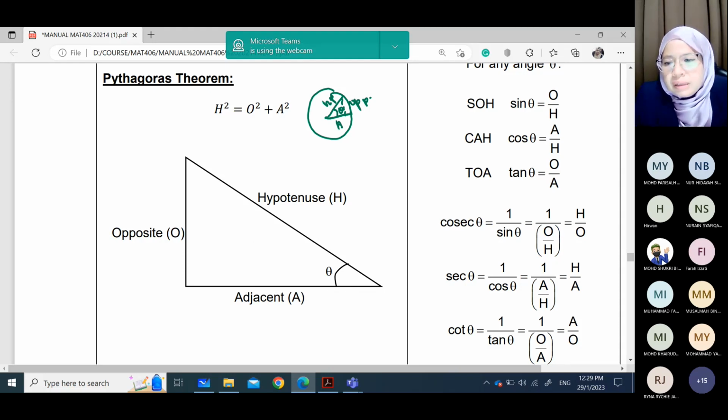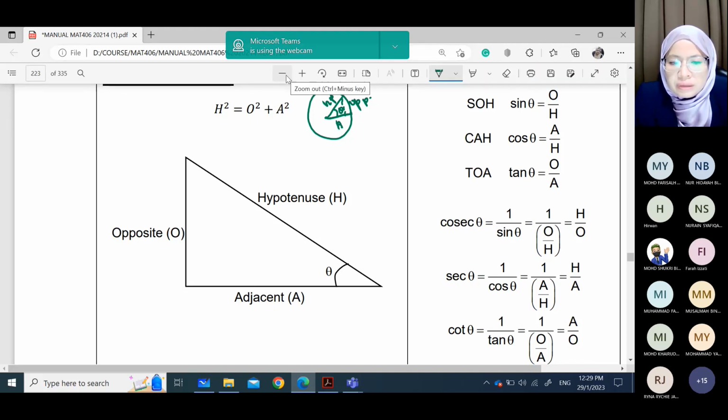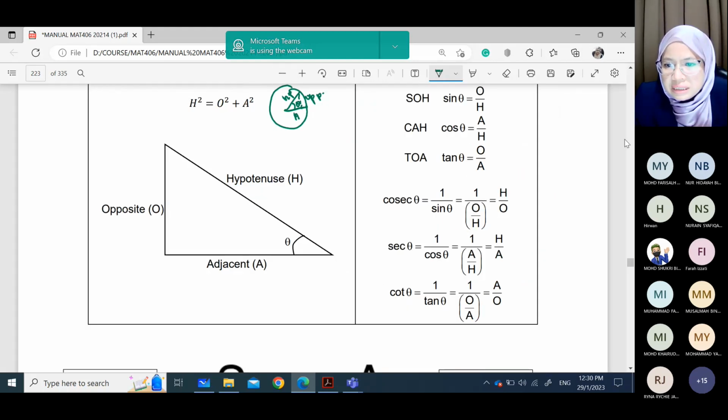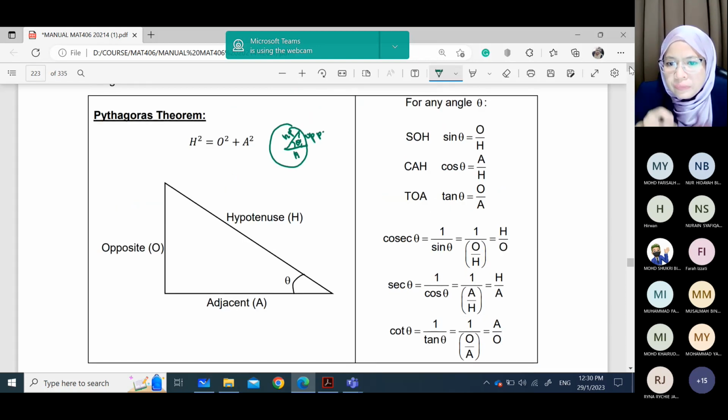Okay. So dalam trigonometric ada 3 function yang basic, iaitu sine, cosine and tangent. Okay. So apa sine? For any angle theta, sine theta is opposite over hypotenuse. Okay, so apa maksudnya? Opposite, hypotenuse, adjacent adalah jarak dia, jarak daripada center kepada sini.